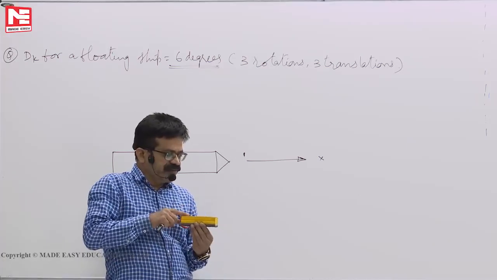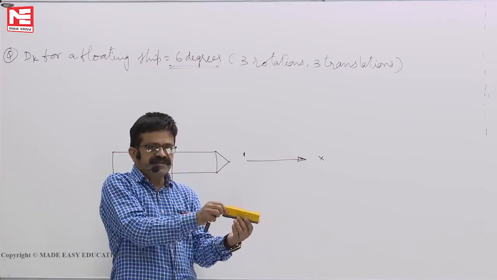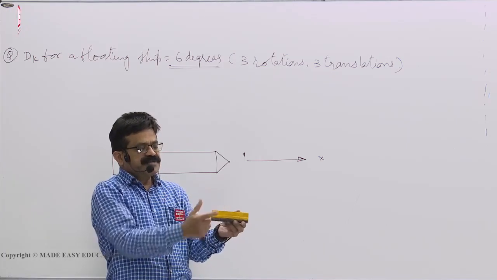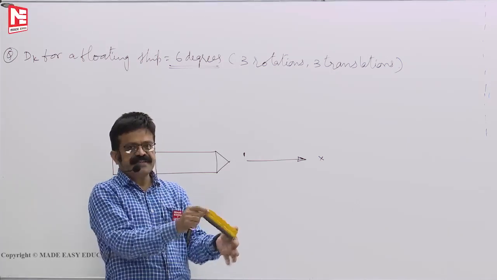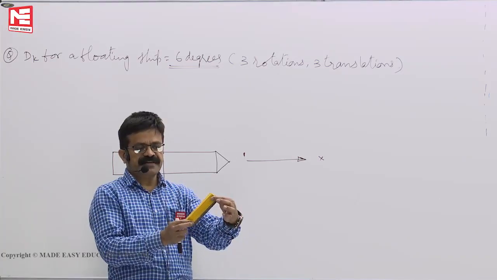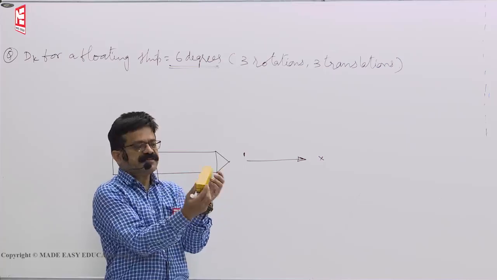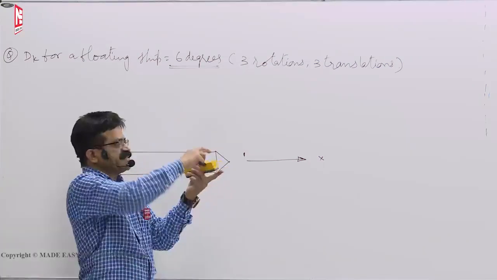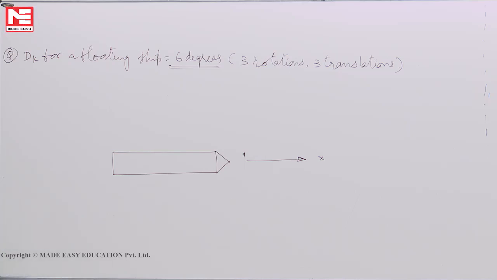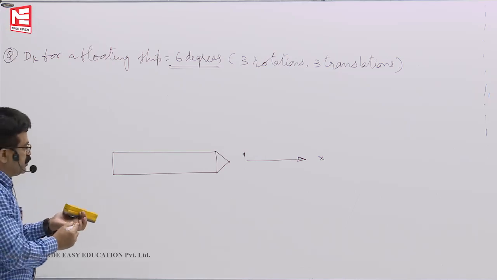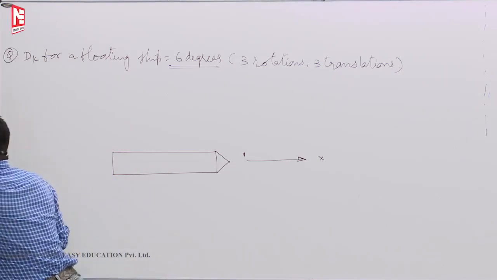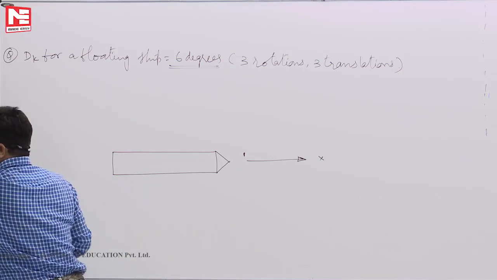Rotations. In the surge direction, this is called rolling, in fluid mechanics it will come. About this transverse axis, if it moves like this, it is pitching. Rolling is like this, pitching is like this. If it rotates like this about the z axis, we call it as yawing. So this is x axis. I give you all the motions.